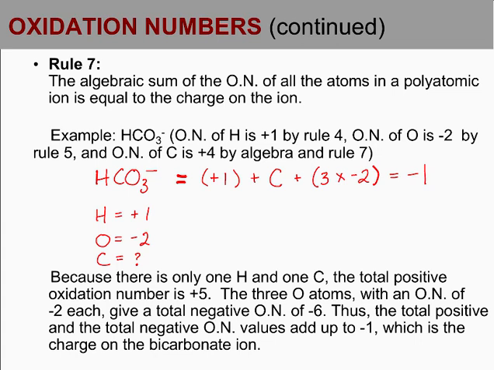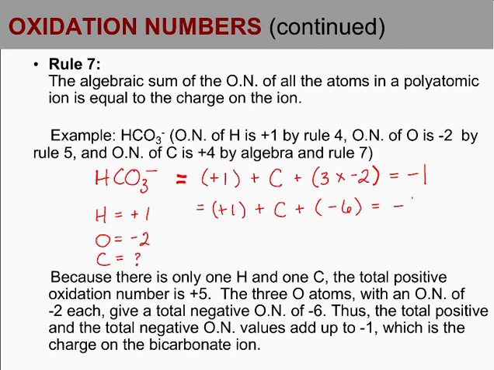Quick question, what is the name of this polyatomic ion? So you should have said hydrogen carbonate or bicarbonate. Either one is correct. All right, so now let's simplify this. So we have +1 plus carbon plus 3 times -2, which is -6.